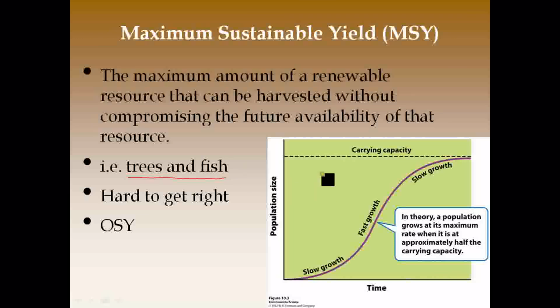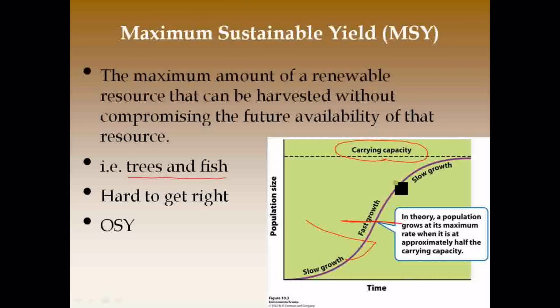And you can see here, in theory, the population grows at its maximum rate at about half of the S-curve. So it's during this exponential growth phase here that optimum growth is happening. So the concept is, don't ever go beyond this, which is about half of the carrying capacity.